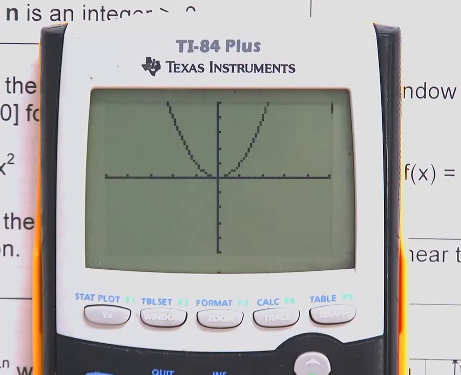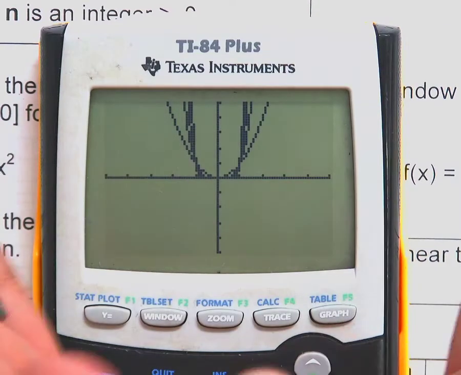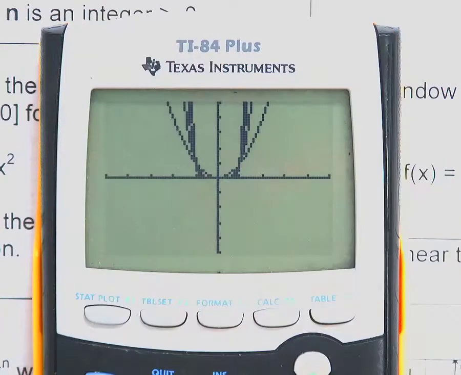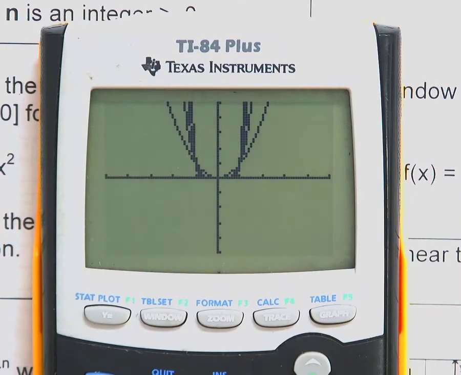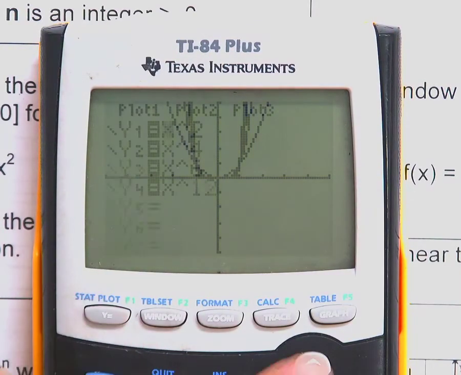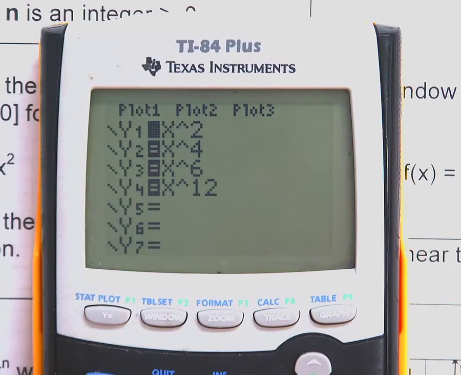Okay, so here's x squared, x to the 4th, x to the 6th, there, x to the 12th, there he is. So notice it kind of gets squished in, right? If you just graph one of these, let me turn these off.